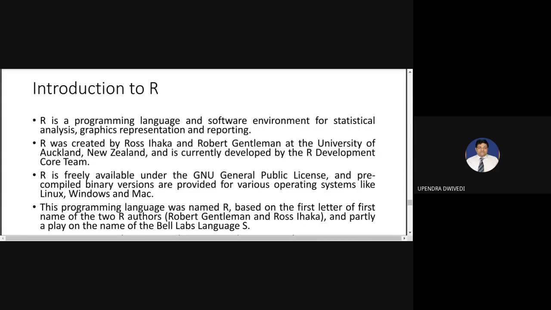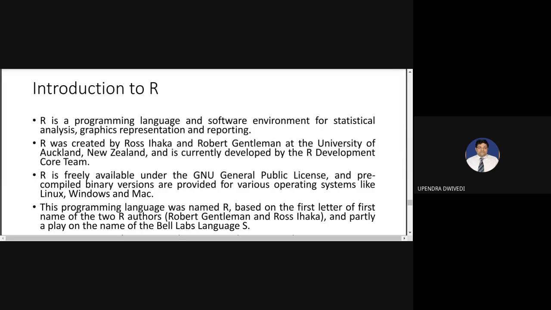It is open source and freely available, but you have to follow the GNU General Public License. For the GNU license, you can refer to its terms and conditions, and then you can use the R language. Pre-compiled binary versions are provided for various operating systems like Linux, Windows, and Mac.